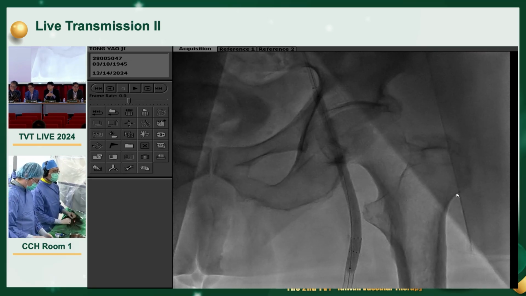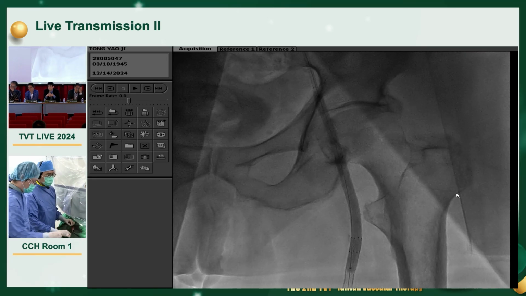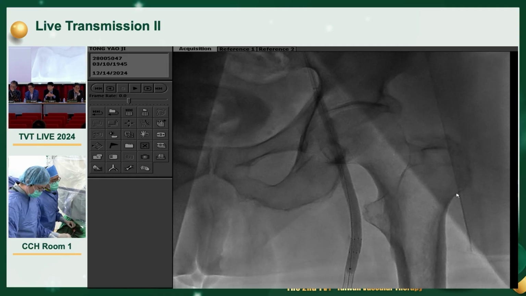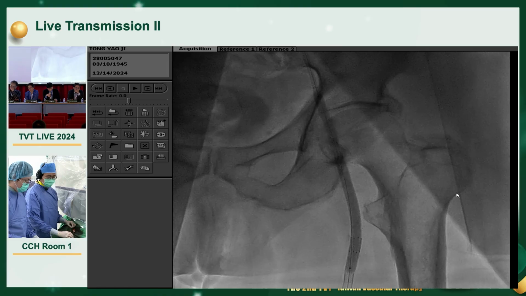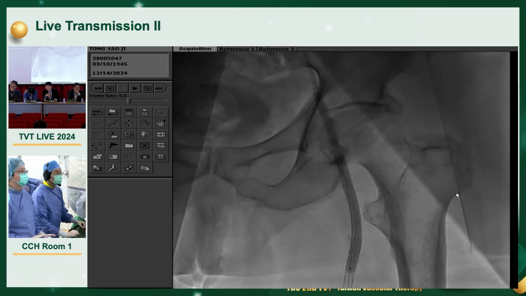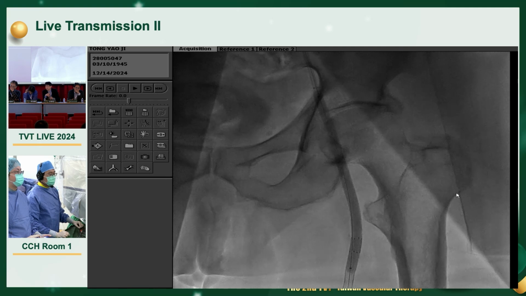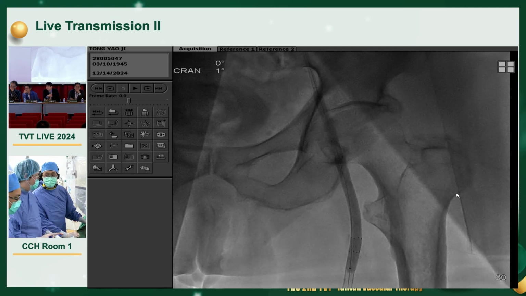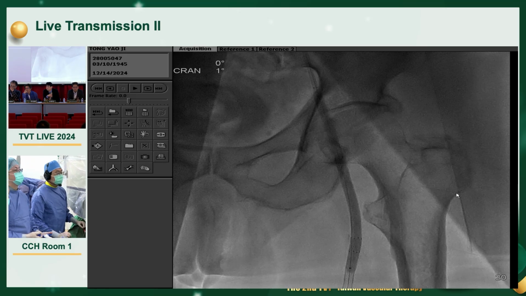The minimum DEB length is 150, not so short, so we use a long DEB. We have another choice. 50 seconds.